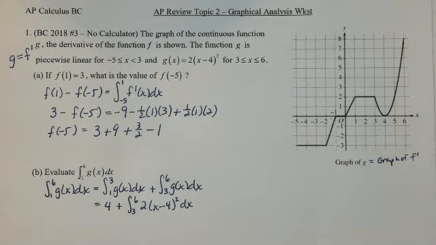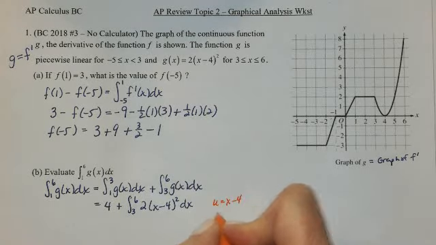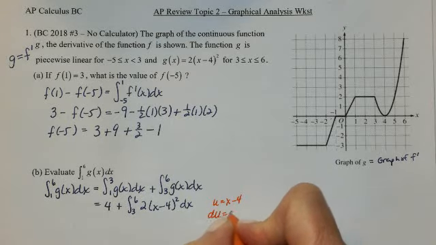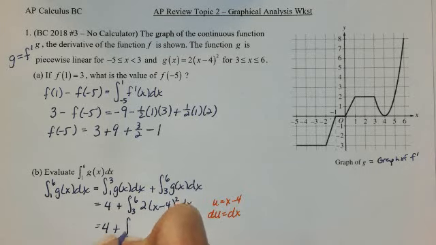I think I'm just going to use a little u sub though instead. So I'm going to go off to the side and do a little u sub on that. U will be x minus 4, du will be dx. So I will have 4 plus the integral of 2u squared du, right?